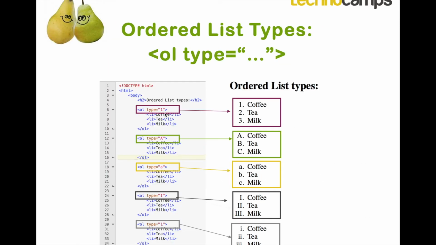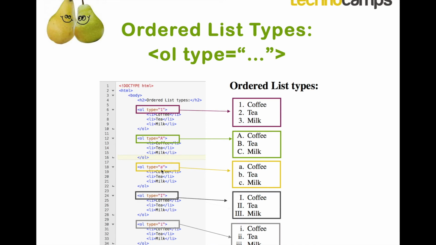This ordered list is given the attribute type equals 1, which is the default numbering system, 1, 2, 3. If we were to change the attribute to type capital A, then the list will be in order of uppercase alphabetical letters.